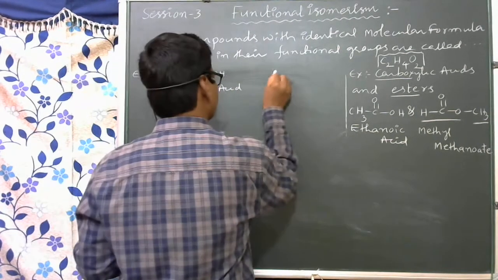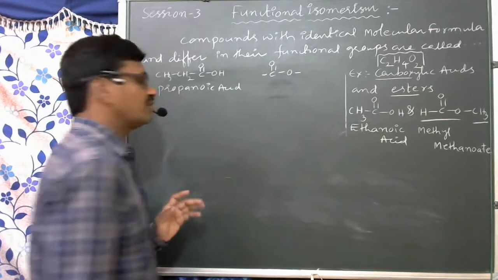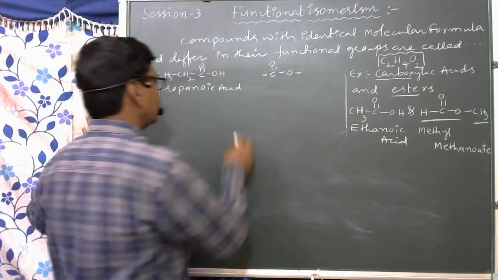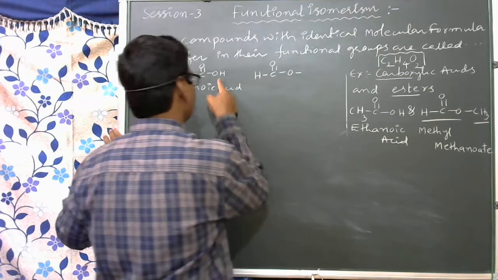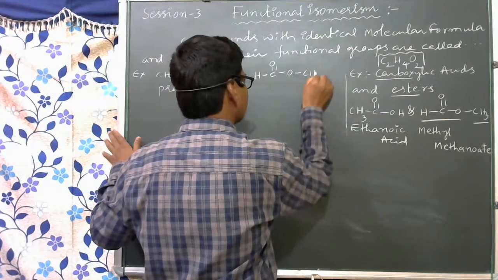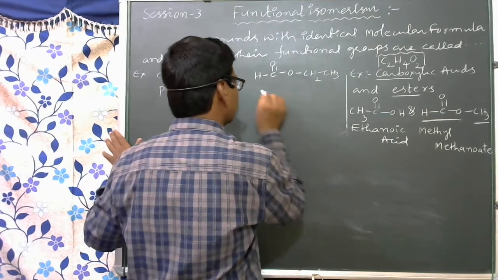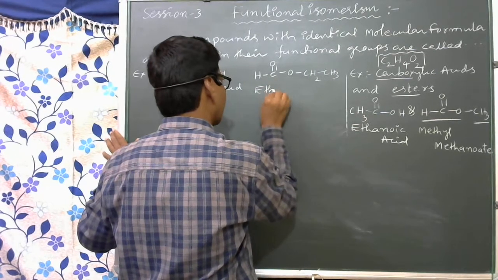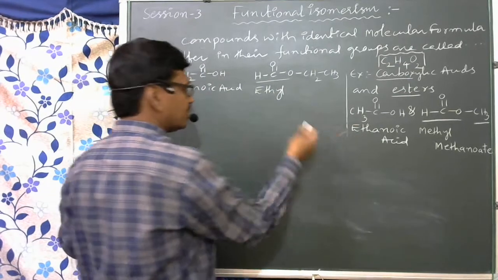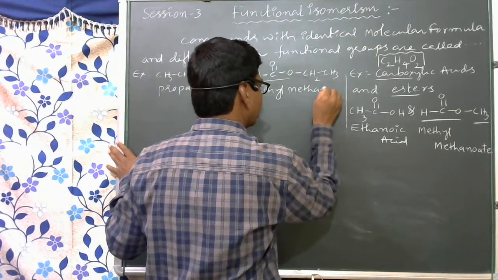See here, I am writing C double bond O and O, and on this side and this side are free valencies, free bonds. Now we can divide this. One hydrogen I am writing on this side, and the remaining two carbons containing alkyl group I am writing on this side, CH2CH3. This side an ethyl group is there, no? So first you have to write ethyl, and this side only one carbon containing alkanoate, so that is methanoate.